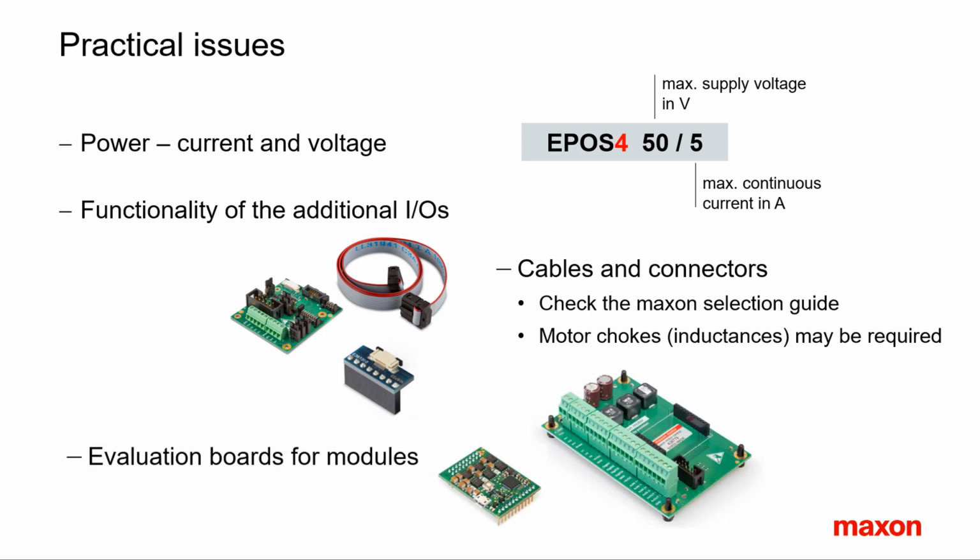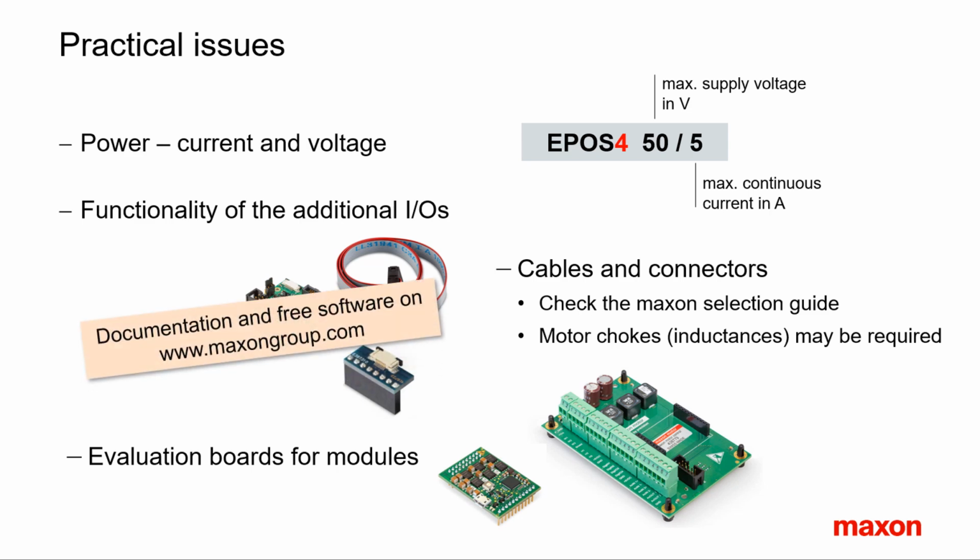The intention of the controller modules is to be integrated in the electronics of the application. However, for testing there are evaluation boards available with all the necessary electrical connections, capacitors and motor chokes in place. For all the controllers, all the documentation and software is for free and can be found on the maxon website.